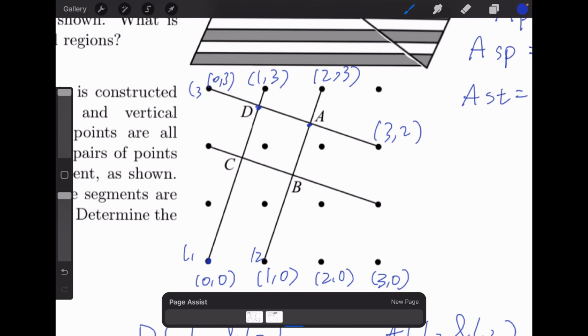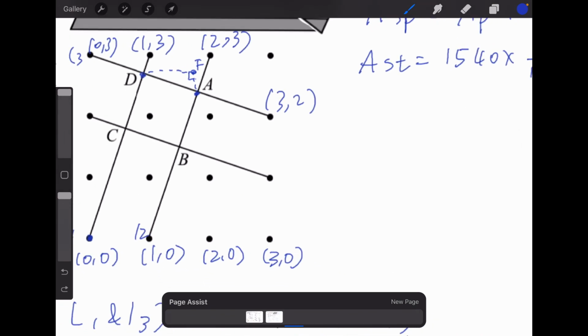Now, if we construct a right triangle over here and call this point F, we can see that segment AD is the hypotenuse of the right triangle. By the Pythagorean theorem, we can find the hypotenuse, AD in this case, using the square root of AF squared plus DF squared.